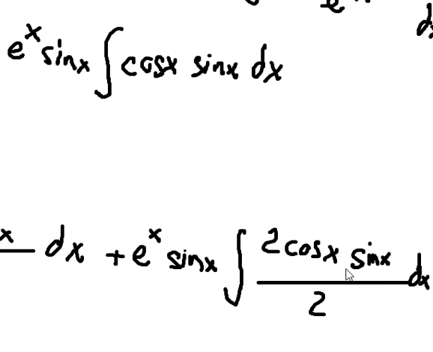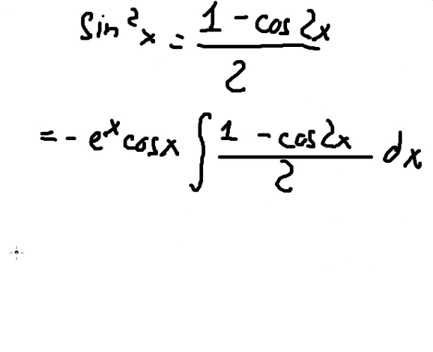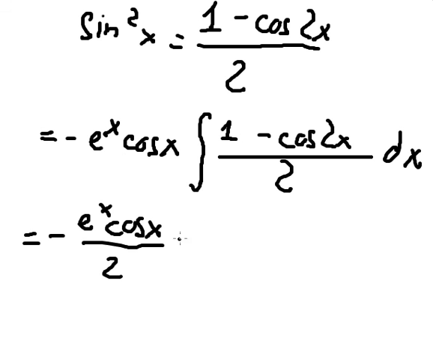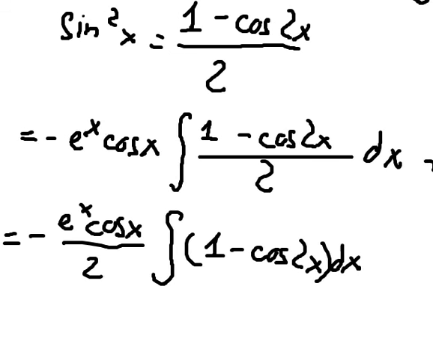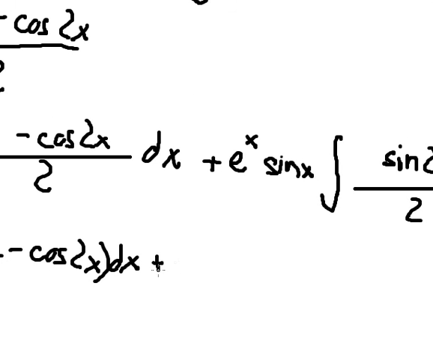So this one is sin 2s. So we put 1 over 2 outside.